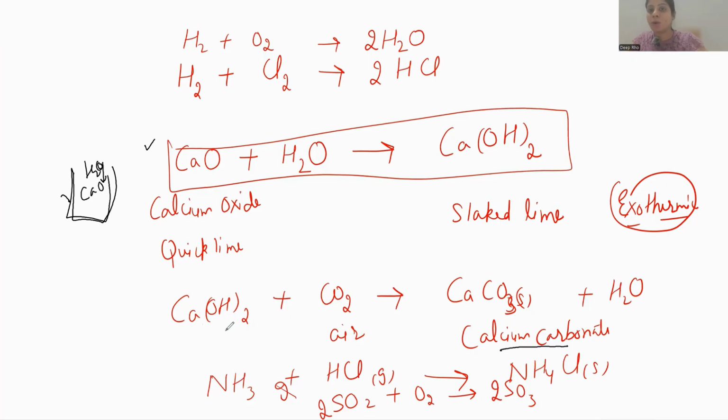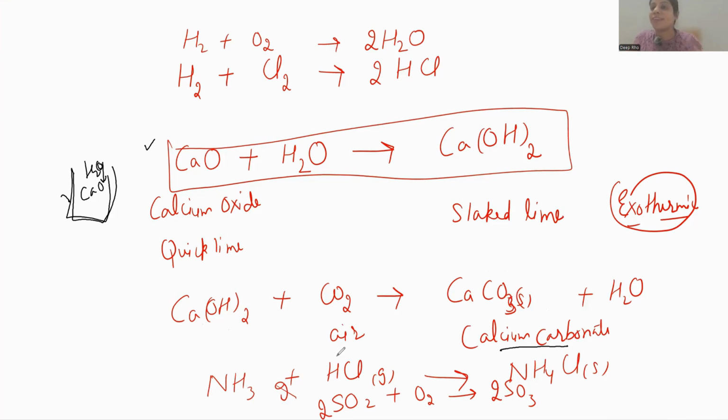This calcium hydroxide, which is slaked lime, reacts with carbon dioxide from air and forms calcium carbonate, which is also the formula of marble. This calcium carbonate gives a shiny layer on the wall.